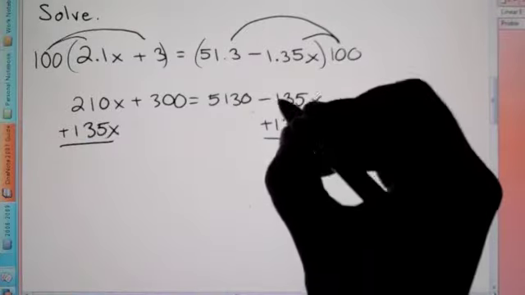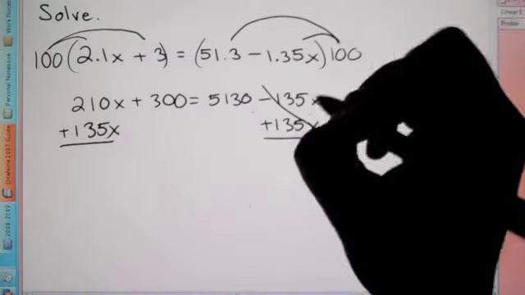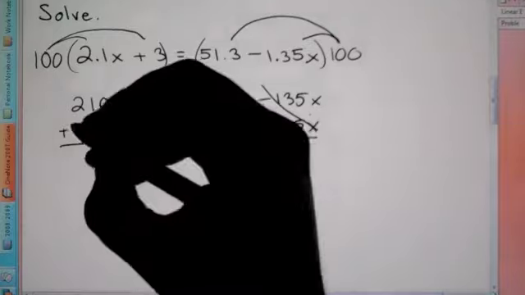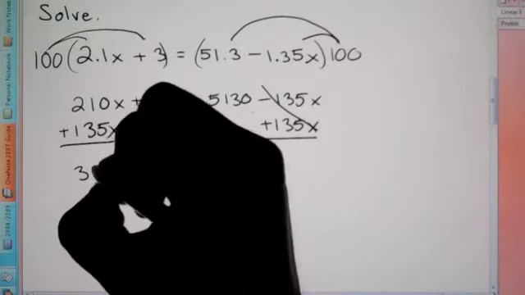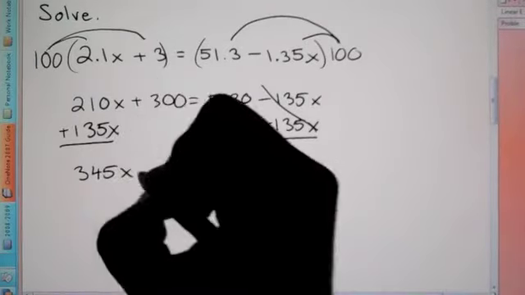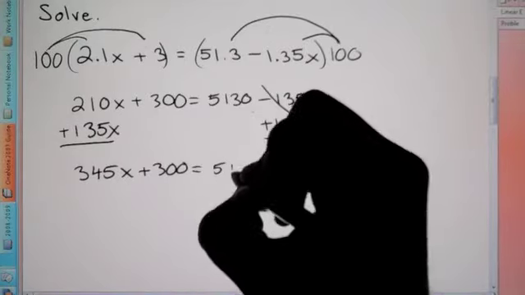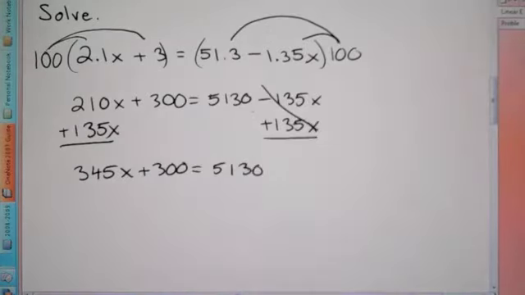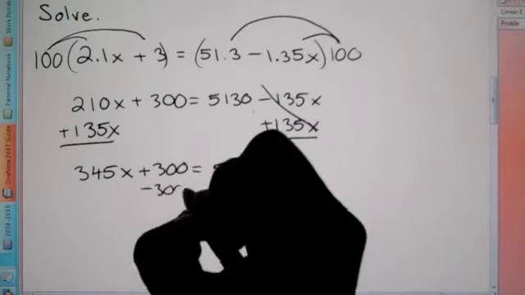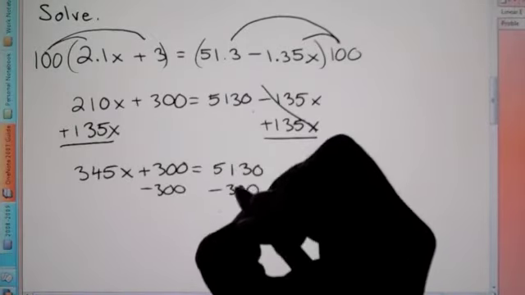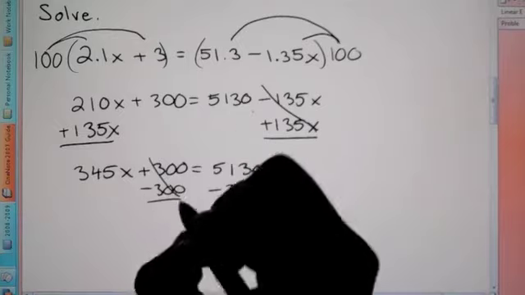So I add 135x because it says minus. Do the opposite. So I have 345x plus 300 is equal to 5,130. I subtract the 300. That cancels out.